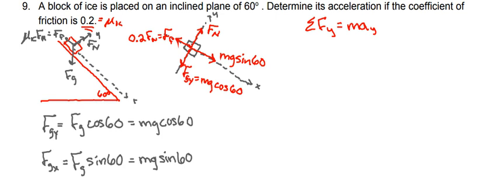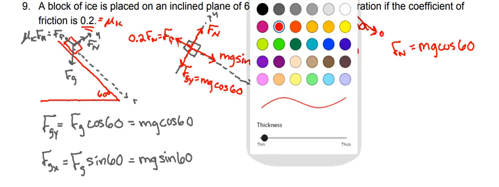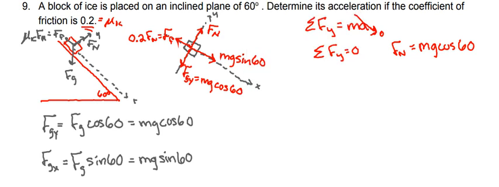No. So the acceleration is 0, which means the sum of the forces in the y direction add up to nothing. And so from that, we conclude that the normal force is the same as the force of gravity in the y direction. It's just in the upward direction instead of downward. It's mg cosine of 60. And yes, I drew all those forces in the same color.